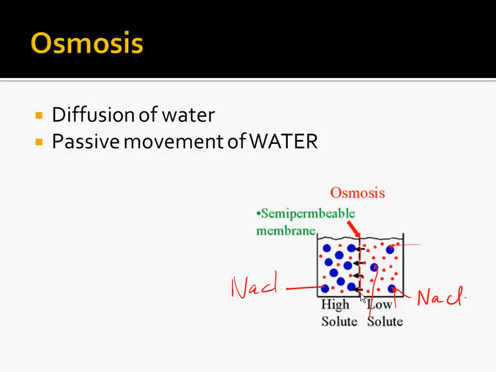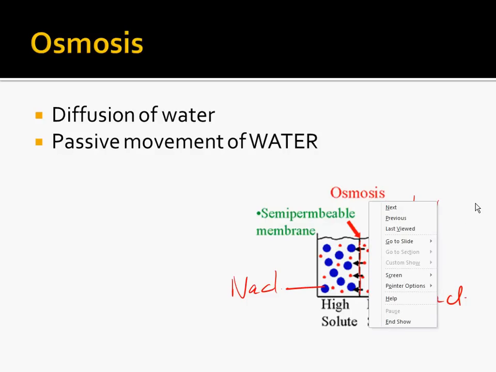So what happens is, all our membranes are permeable to water. The water is going to move from high, and the red is water, so this is a little bit tricky. They should have done the blue water. The water moves from a higher concentration of water.